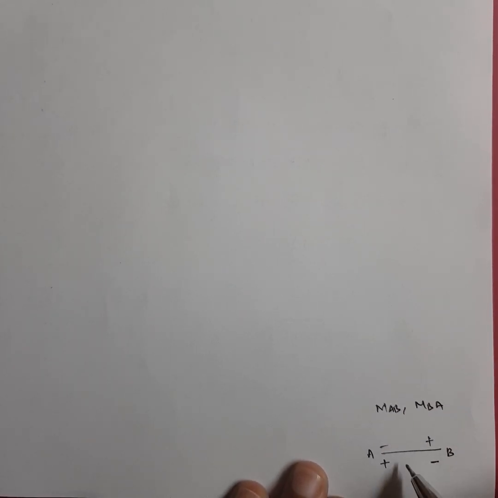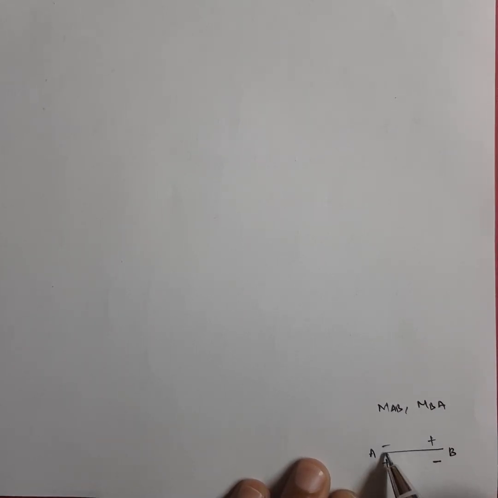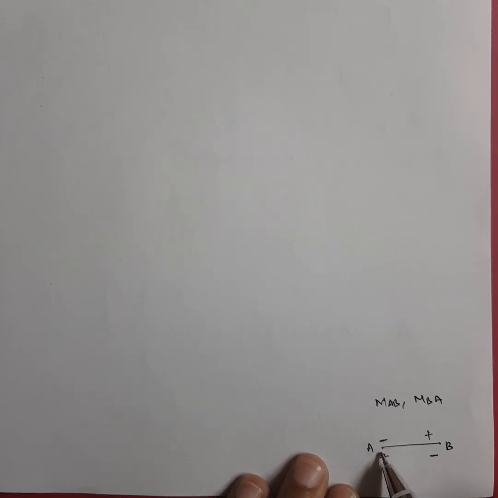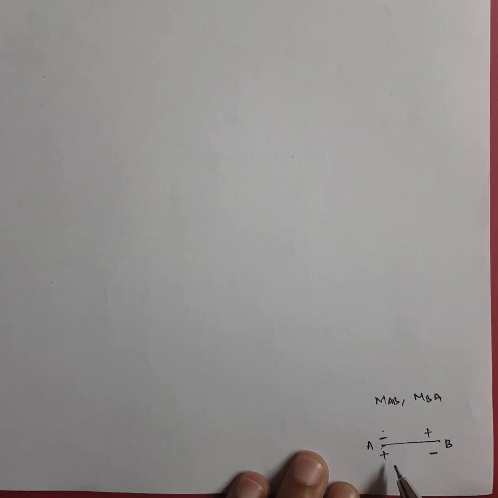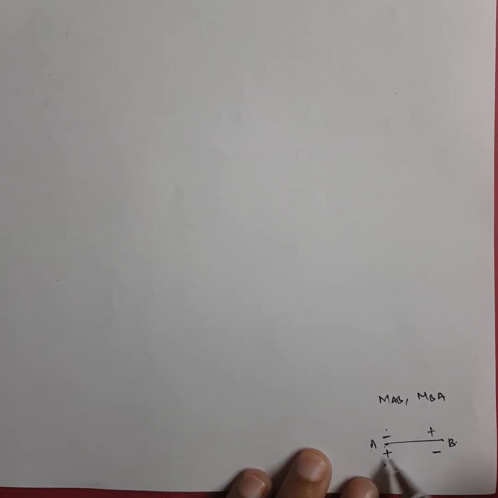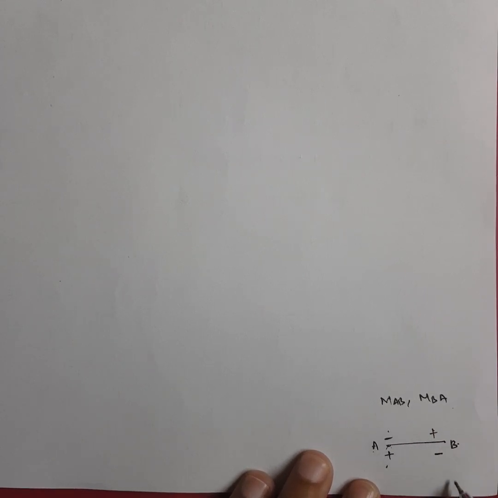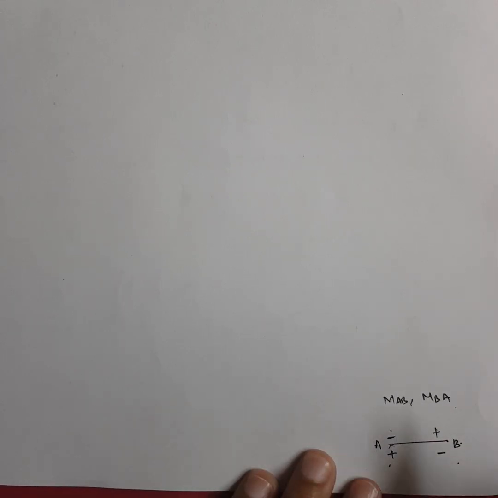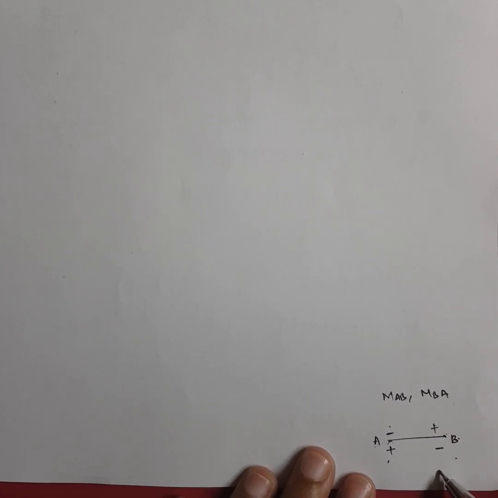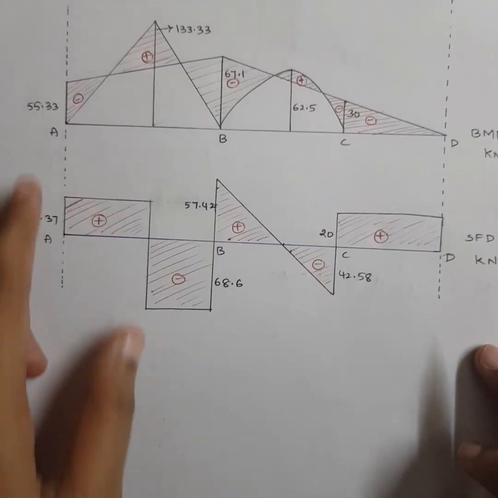MAB means from A to B. If you get your MAB negative, then draw the bending moment diagram above the span. If you get MAB positive, then draw it below the span. Similarly, MBA means from B to A, from right to left. If you get MBA positive, draw above the line. If you get MBA negative, draw below the line. Remember this sign convention. Now I got MAB negative, so I should draw above the line.